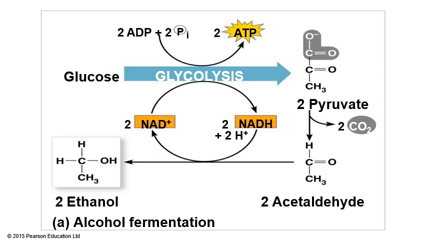Then NADH turns back into NAD+, and it can be used for glycolysis going on. Then acetaldehyde, after gaining electrons from NADH, is reduced into ethanol. That's why the end product is ethanol, ethyl alcohol. That's why we call this alcohol fermentation.